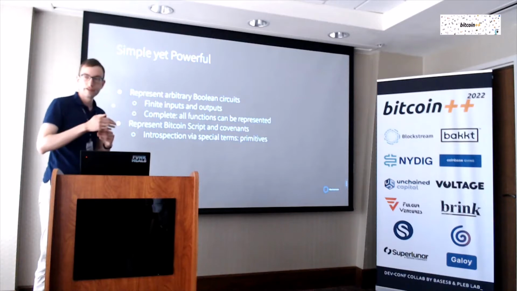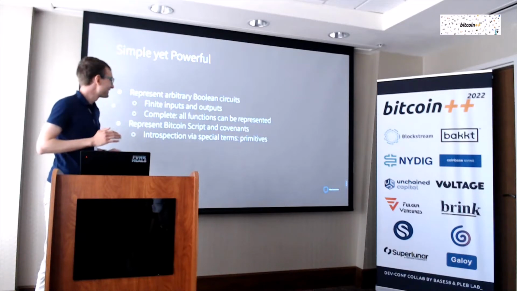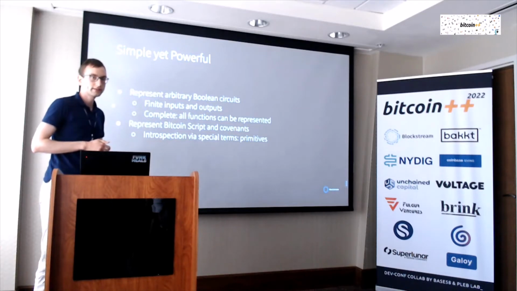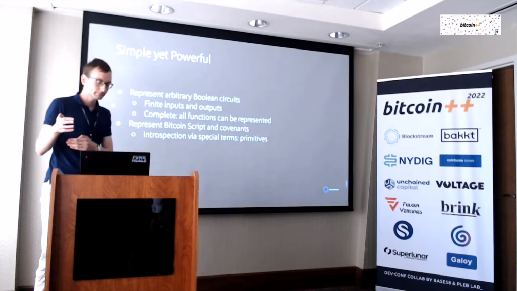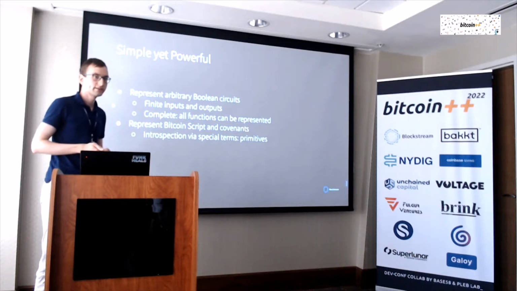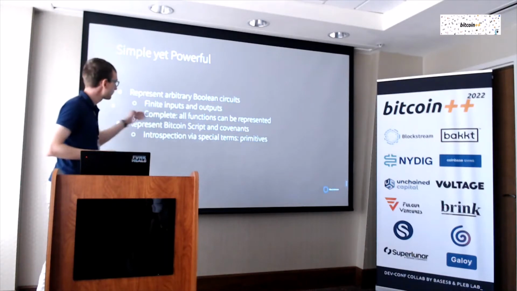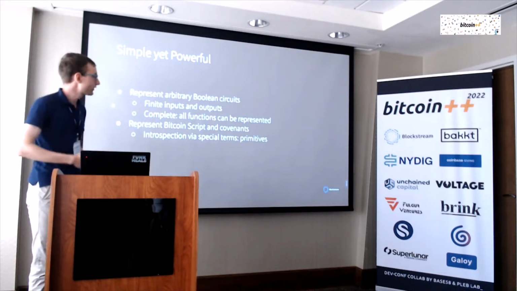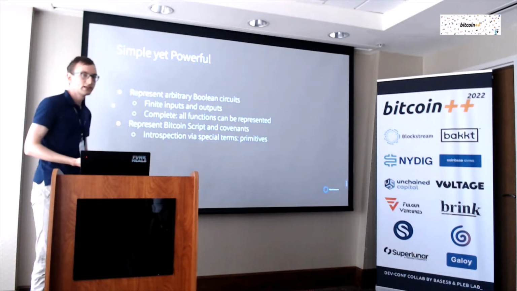We can do all of them in Simplicity. Finite inputs, finite outputs, and all functions can be represented. So if there is a Boolean function that takes finite inputs and produces finite outputs, we can do it in Simplicity. That's the completeness of Simplicity, and I think it's very elegant that with so little we can do so much.